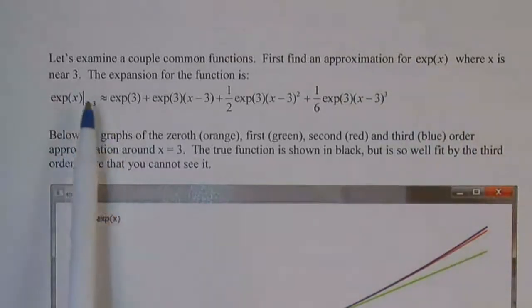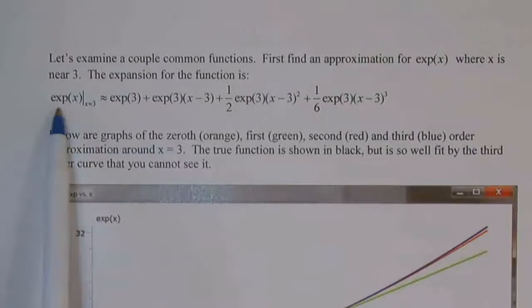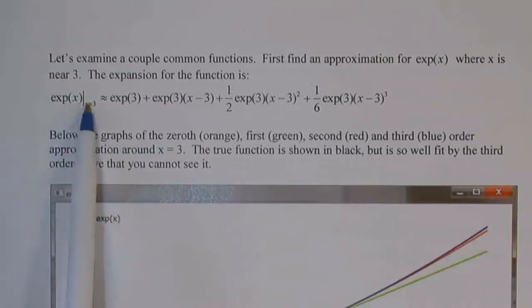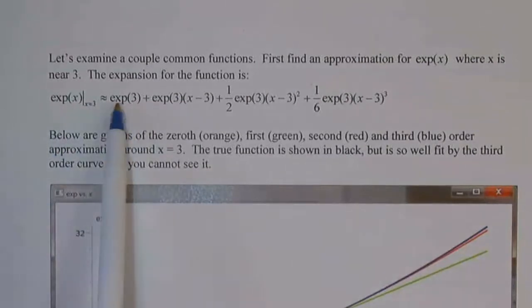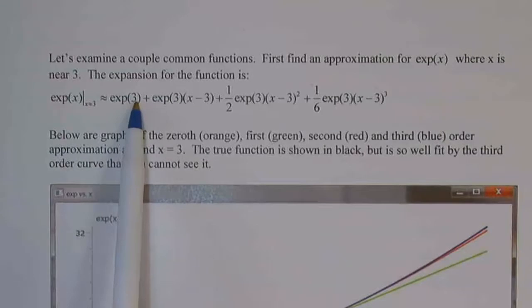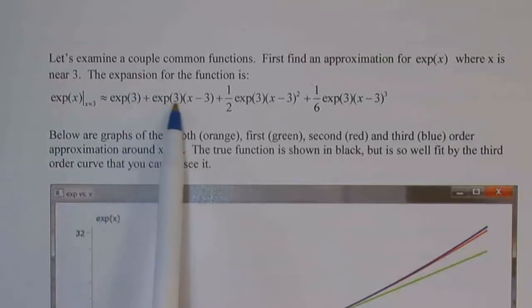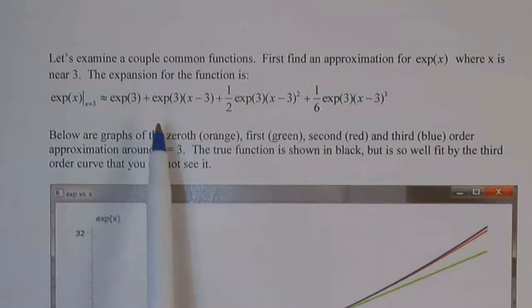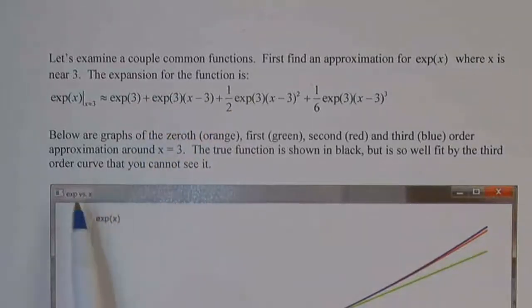Well, our prescription says that the expansion of the exponential function near x equals 3 is first equal to the exponential function at 3 plus the first derivative of the exponential function. Now here the exponential function is special because each of its derivatives is the same as the original function.